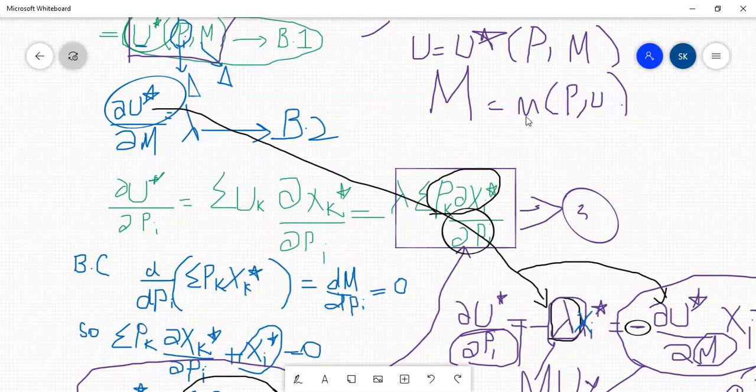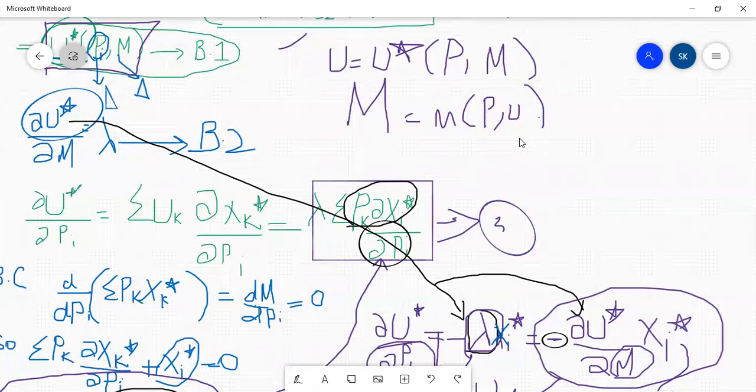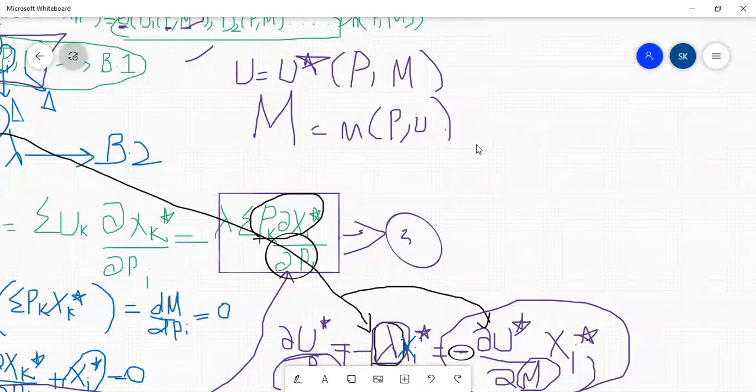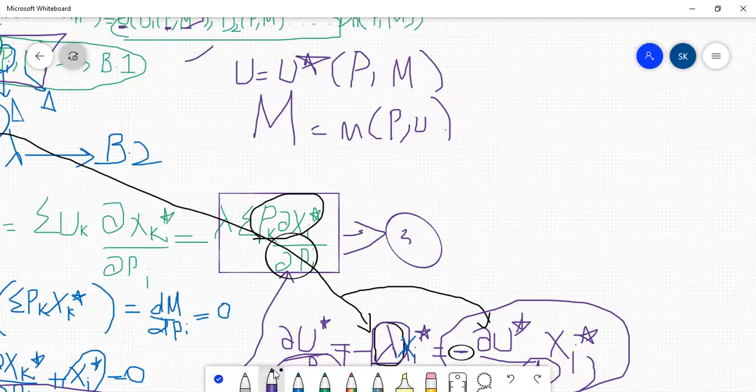Therefore, setting M equal to m into P, U, we can rewrite the indirect utility as U is equal to U star. I'm talking about this equation now.